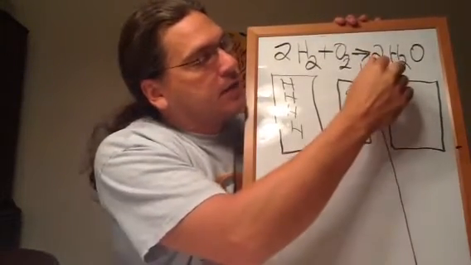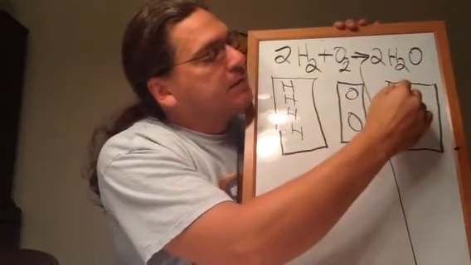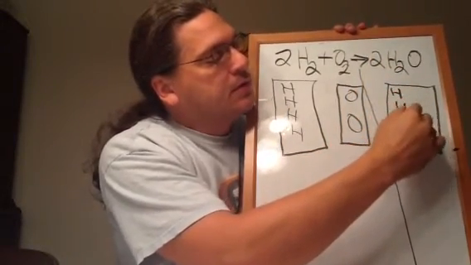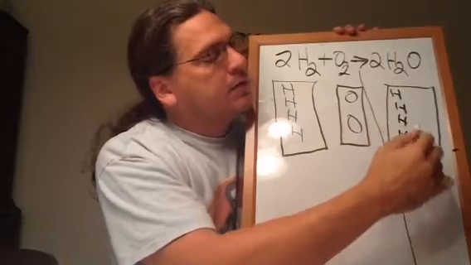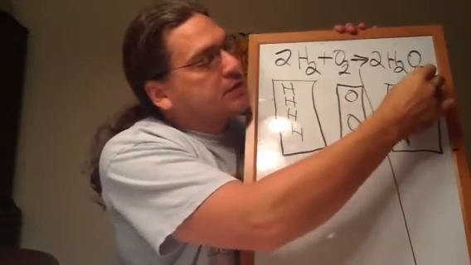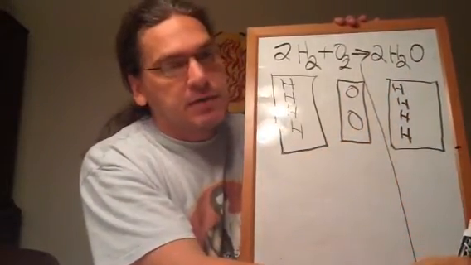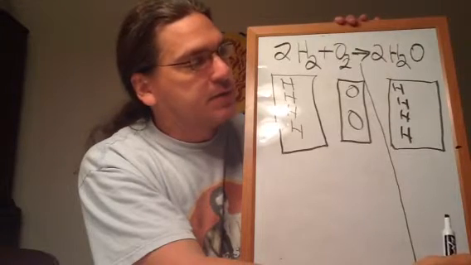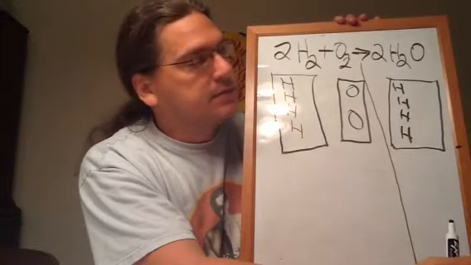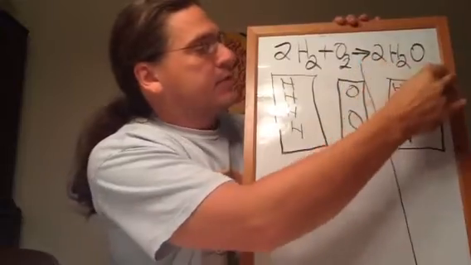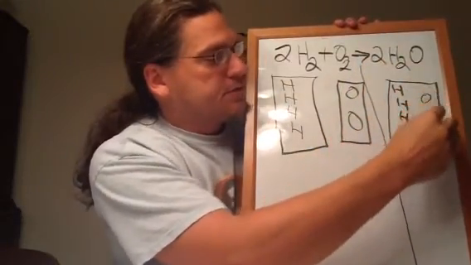Okay, so the hydrogen is 2 times 2, so we have 4 hydrogens. And you see on oxygen there is no subscript, and when there is not one, it's kind of like x to the first power in math. We don't write the 1 because it's just weird. So 2 times 1, we have 2 oxygens.